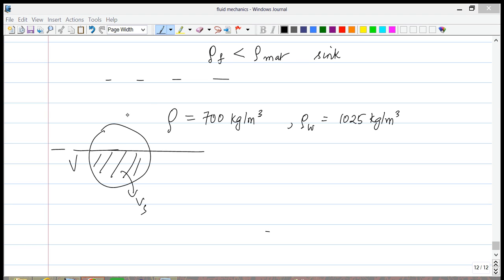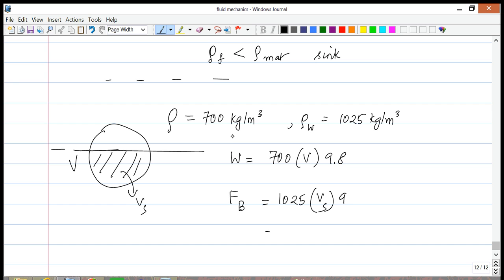So we can figure out the weight. The weight is the density times the total volume, so 700 times V times 9.8. The buoyant force is equal to the density of the liquid times the submerged volume times 9.8.